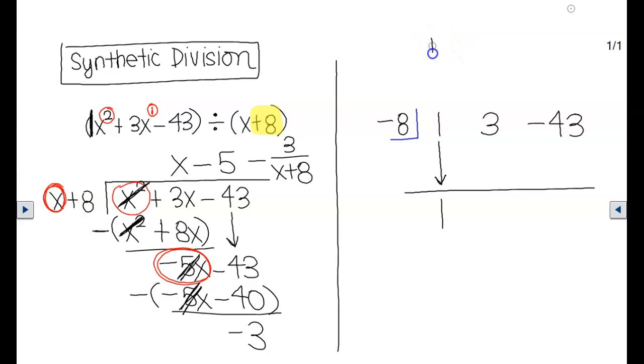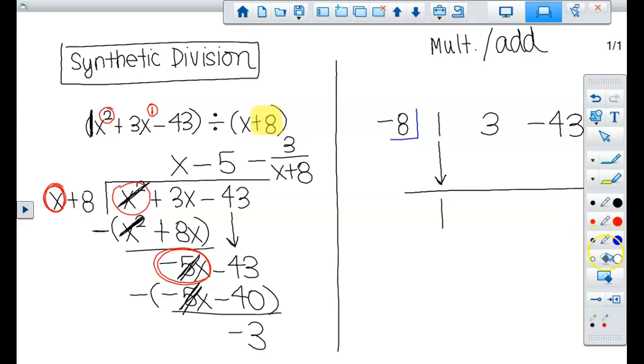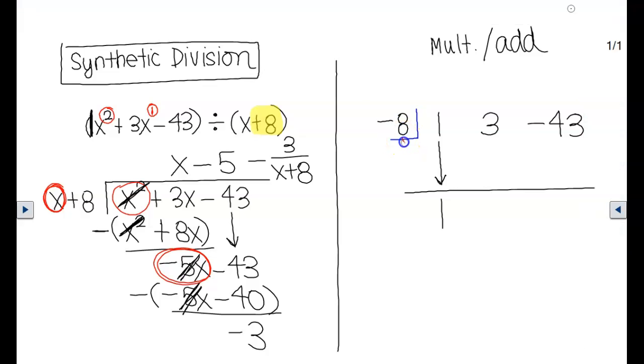Now, from that point on, you are going to multiply and add over and over again until you reach the end of the line. So it's multiply, then add. Multiply, then add. That's the pattern to this. So here's what I mean. First thing we're going to do is multiply our negative 8 times that 1 that we put below the line.